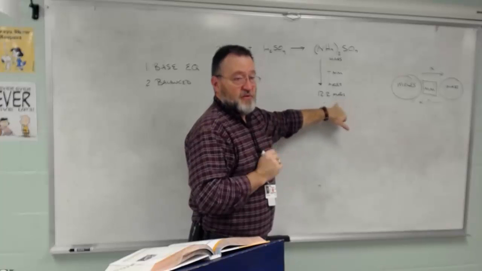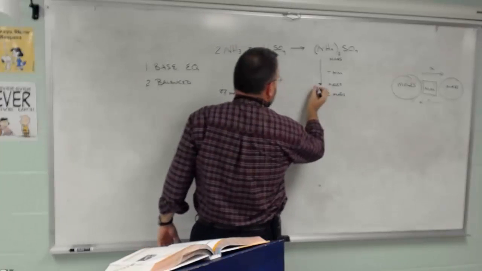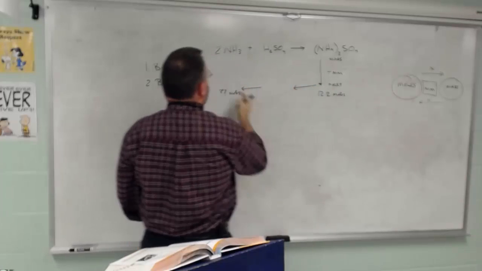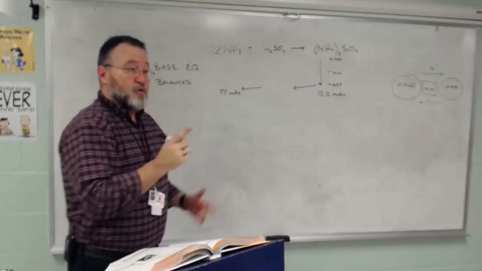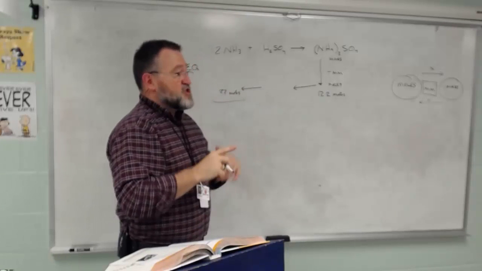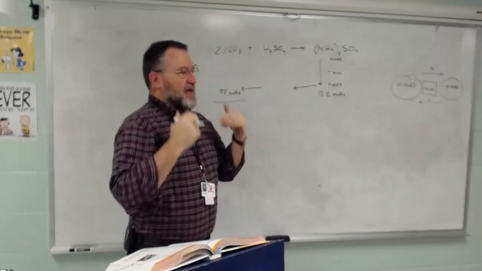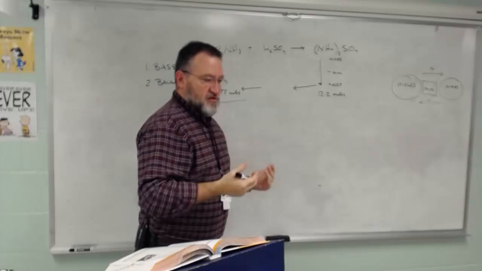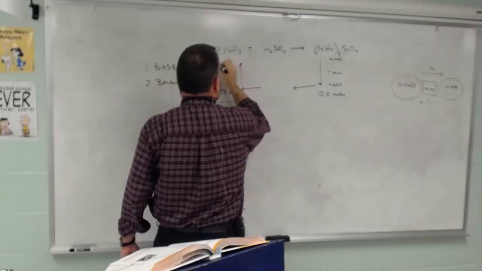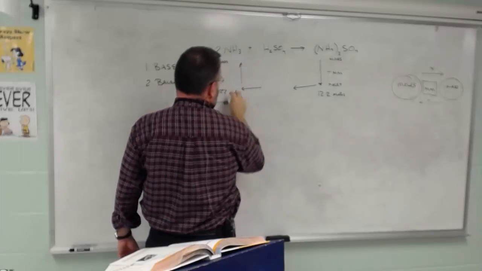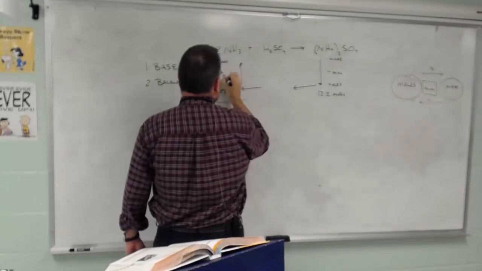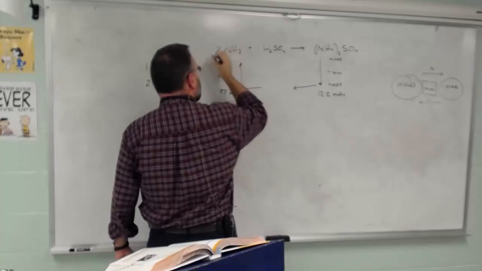This problem gives us the moles. From moles, we need to get to moles of whatever it is we're looking for, in this case, ammonia. The question asks us to solve for the number of moles. The question could, and will very shortly, ask us to solve for the grams, in which case we would move up to the mass, and to get from moles to mass, we're going to multiply by the molar mass of this molecule.